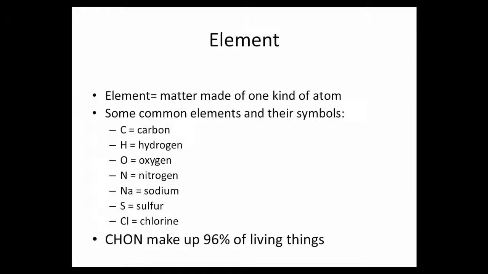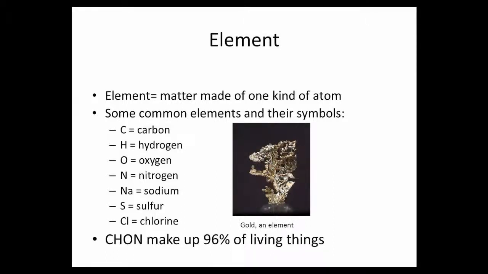Some common elements and their symbols: carbon is an uppercase C, hydrogen is an H, oxygen an O, nitrogen an N, sodium is Na, sulfur is S, and chlorine is Cl. Living things are mainly made up of carbon, hydrogen, oxygen, and nitrogen. Now gold is an element, but we're not going to find gold in living things.